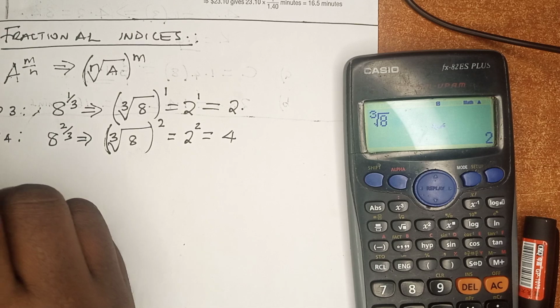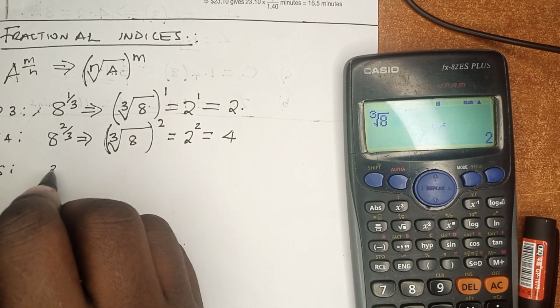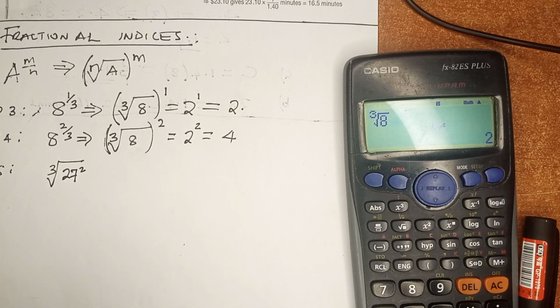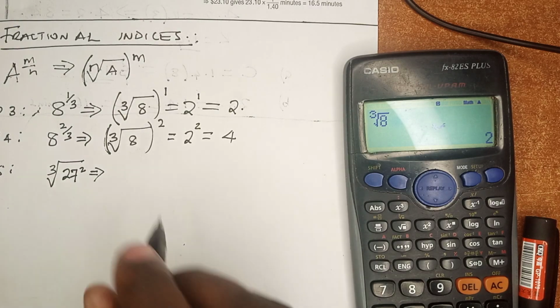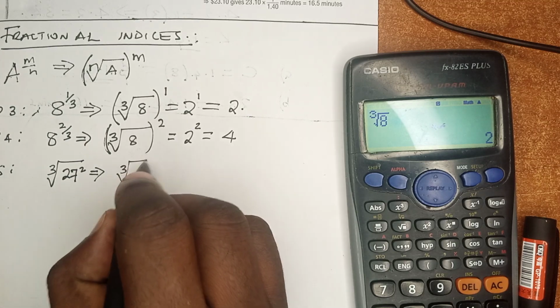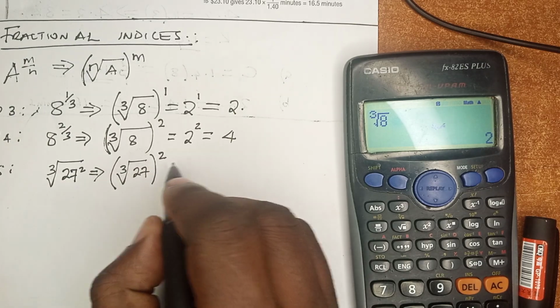What about example 5? Example 5 is asking us the cube root of 27 squared. And we can approach this question in two ways. First of all, we can talk about the cube root of 27, after which we square that.